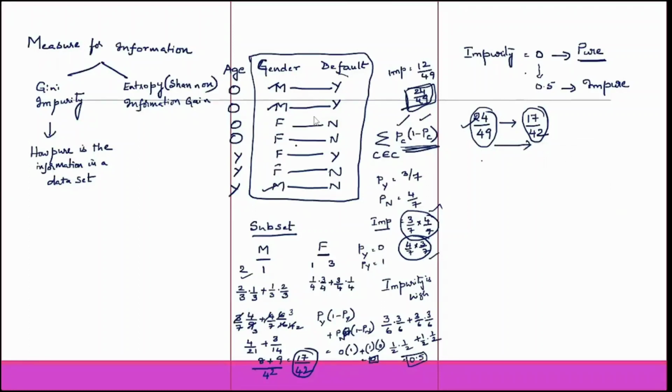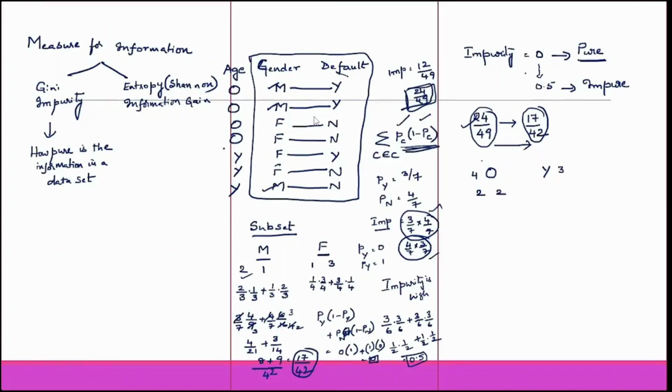Now, just for the sake of example, we will do the distribution based on age. So age wise, we have old and young, right? There are 4 people here and 3 people here. Now, out of these 4, 2 and 2: 2 default, 2 no default.